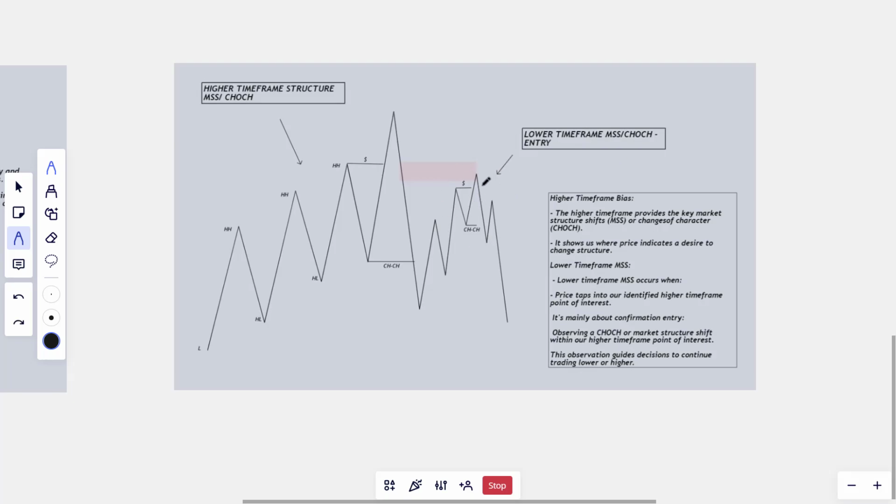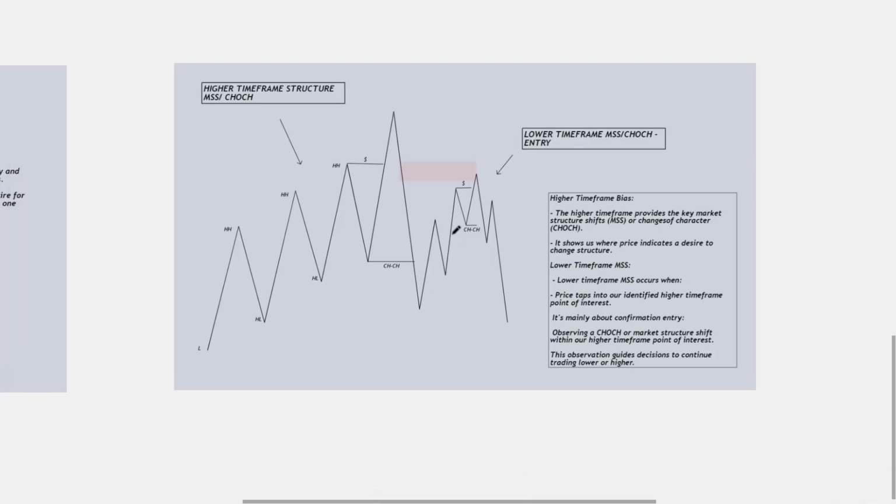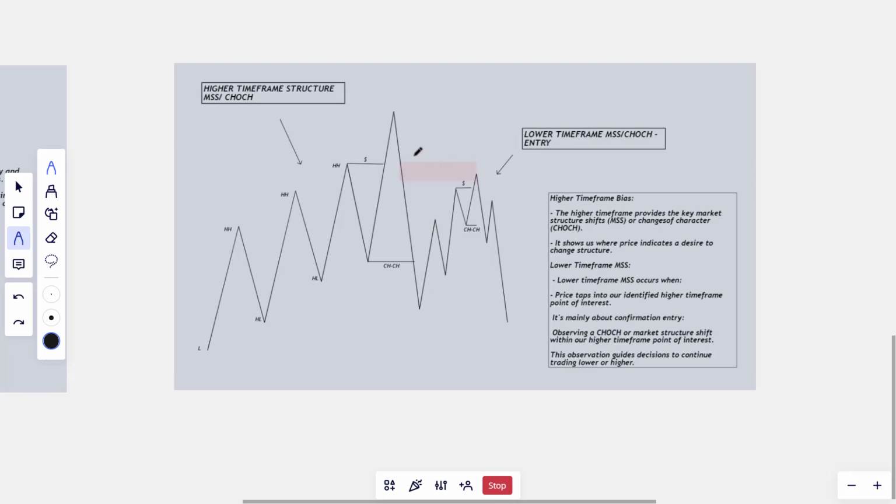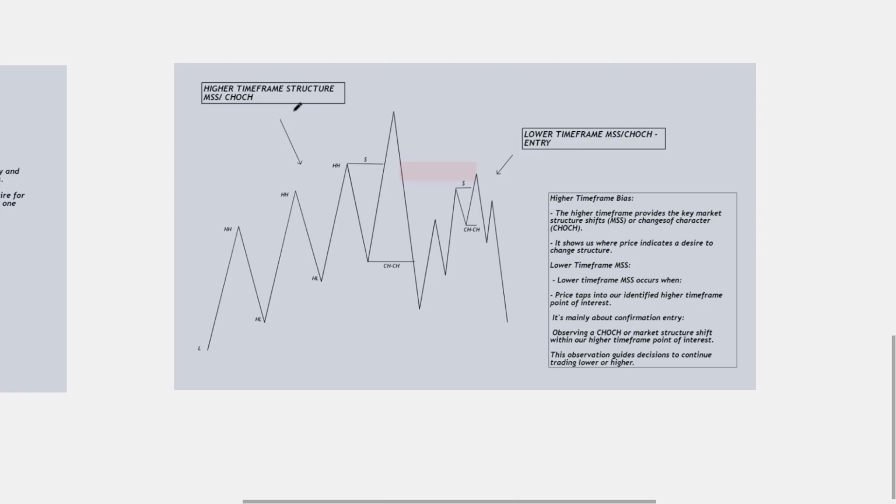The lower time frame market structure shifts from the 15 minutes, the 5 minutes, the 3 minutes, or the 1 minute are just for entries, I would say, right? They're just happening to mitigate a lower time frame point of interest. But the higher time frame point of interest and the higher time frame market structure shifts are the powerful ones. They are happening on the daily, sometimes the weekly, the daily, the 4 hour, the 1 hour, right?